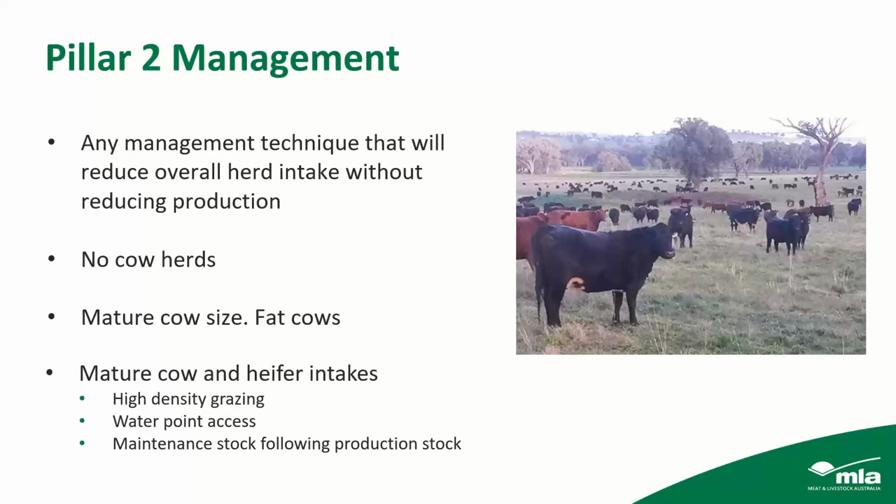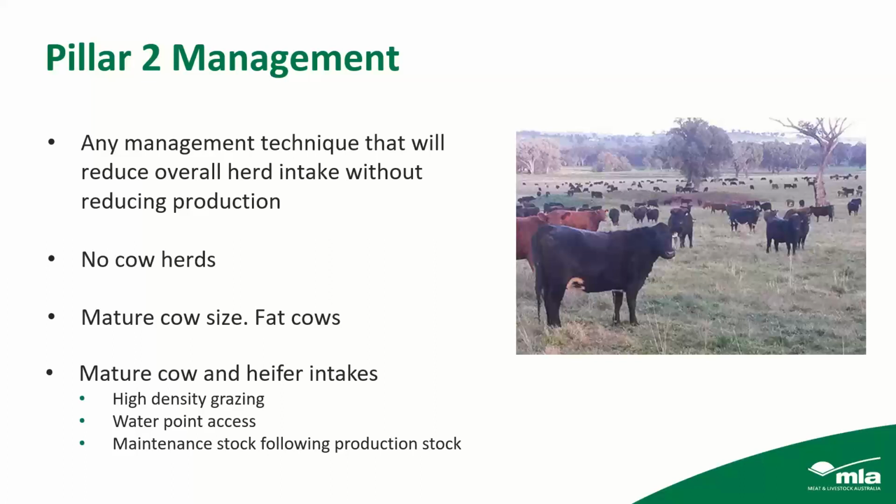We know those things about increasing production, increasing growth rate, and all of those things are very, very important. But we're looking at this from a different angle, saying whatever we can do in our production system that reduces intake and maintains production of the overall herd can have a significant effect on your overall methane output and your kilograms of CO2 equivalents per kilogram of product.